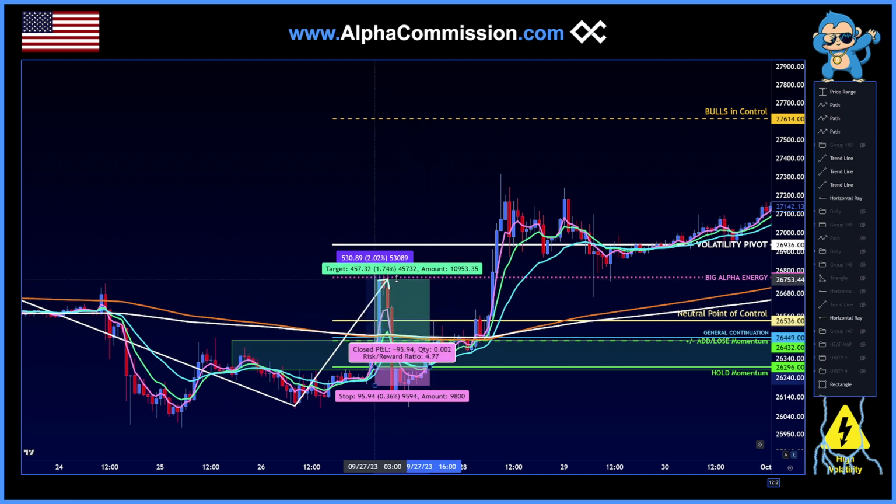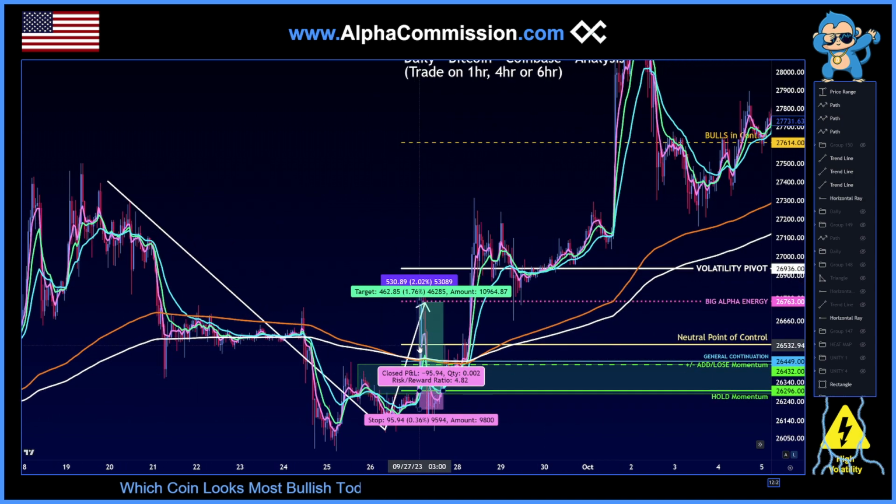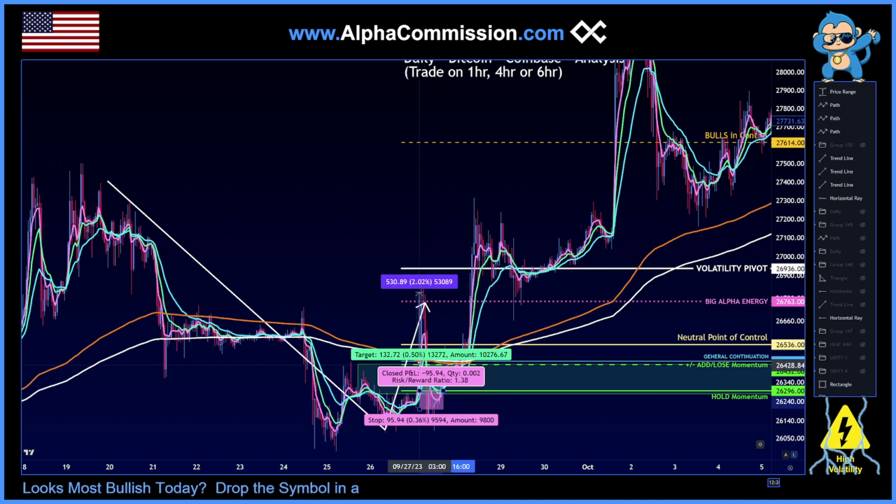So if you targeted here, then you can see that you could have a risk to reward of 4.8, so 4 to 5% up there. And if you had a really bullish thesis, you thought, no, I think if we cross this neutral point of control, we're going to keep going, so maybe my TP1, I'm just going to risk being stopped out.